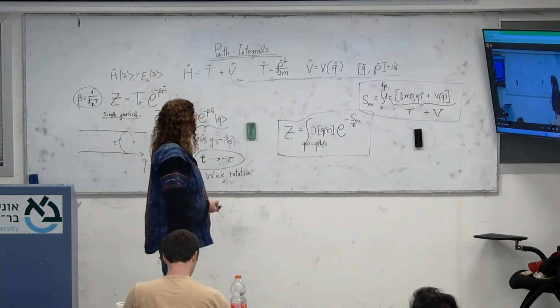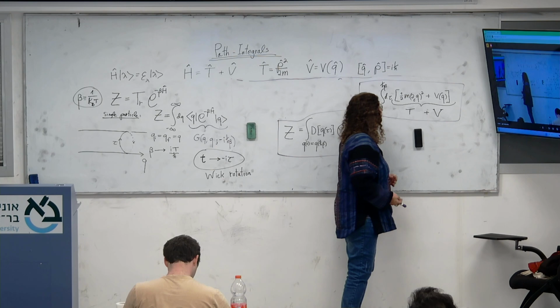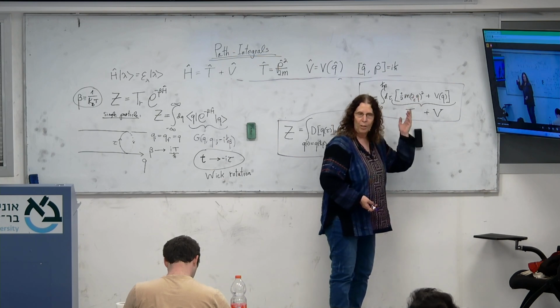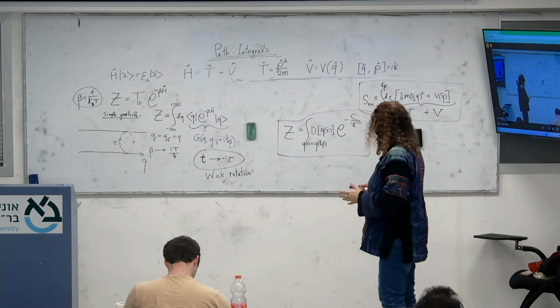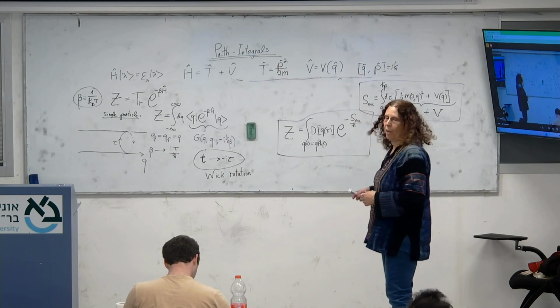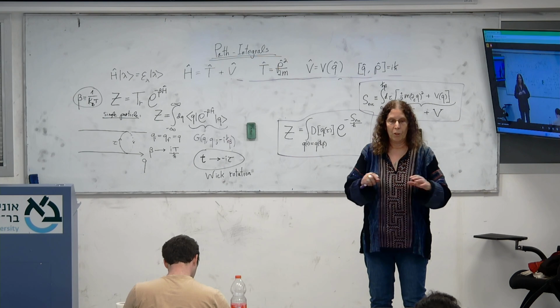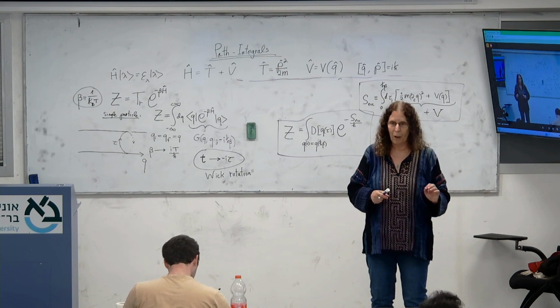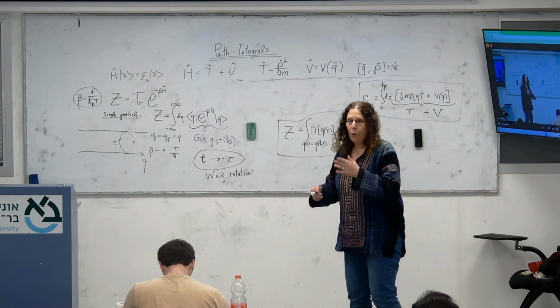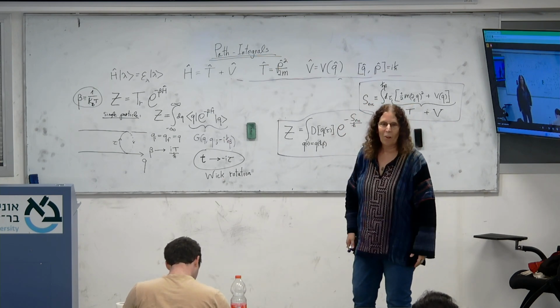We had a coordinate that is a collective coordinate, like a displacement field, which depends on some fixed space value. We didn't call it q, we called it phi, but it doesn't matter.